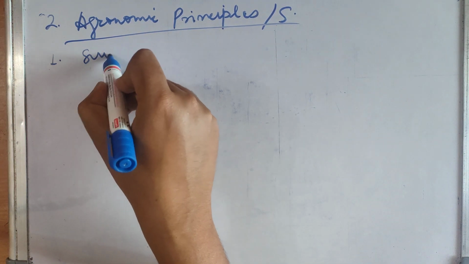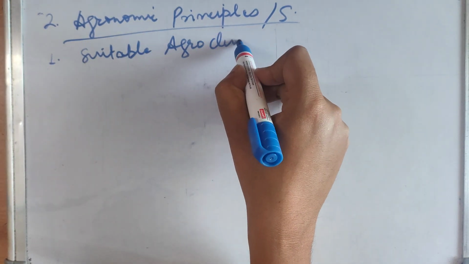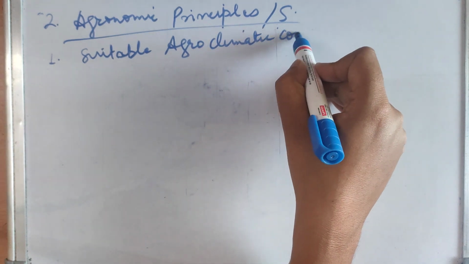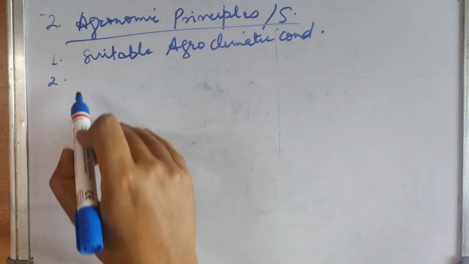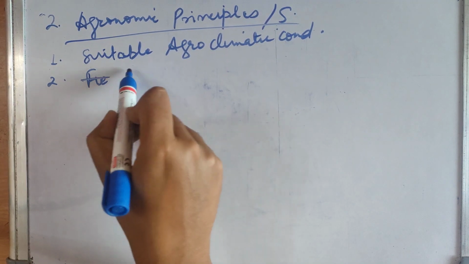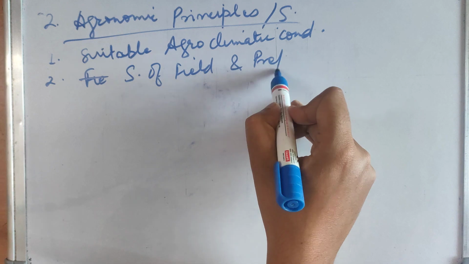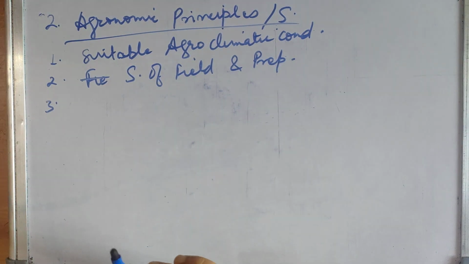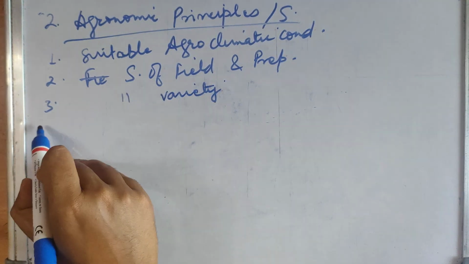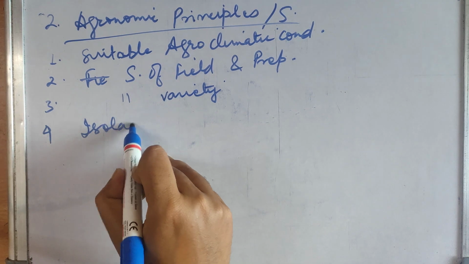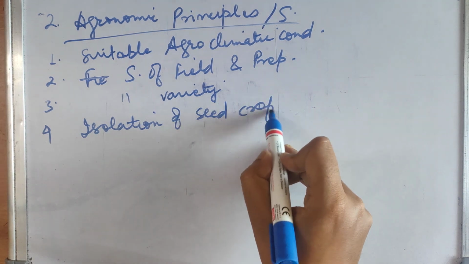Then selection of field and its preparation. Third is selection of variety. We need to isolate seed crops, the crops through which you need to produce seed.